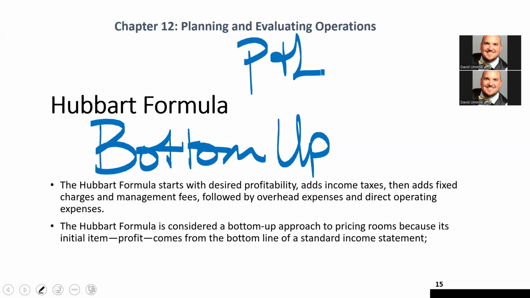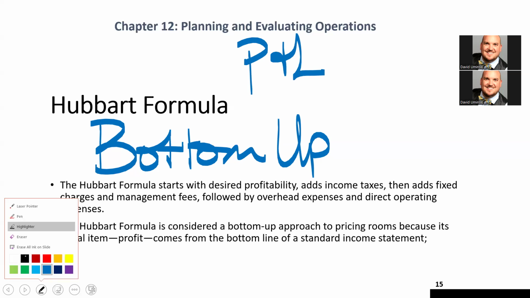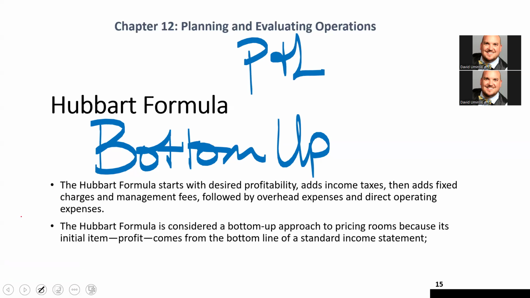when we look at a profit and loss statement, we have the income up on the top. Our revenue is at the very top of our profit and loss statement.